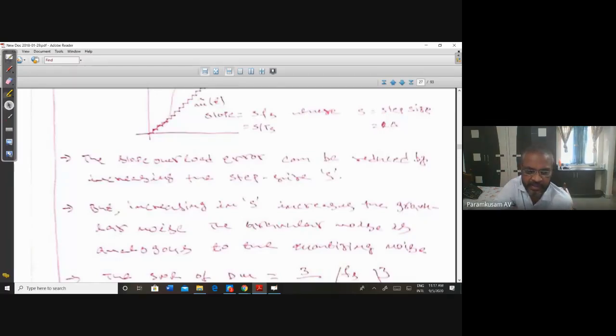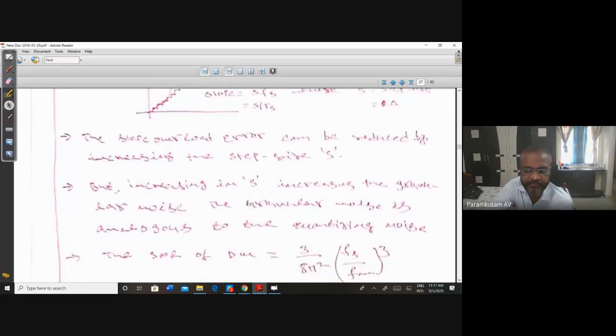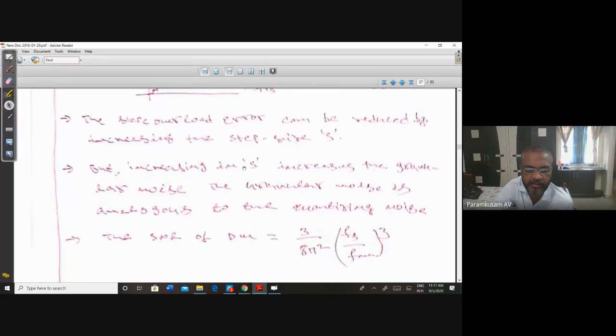But increasing the step size increases the granular noise.